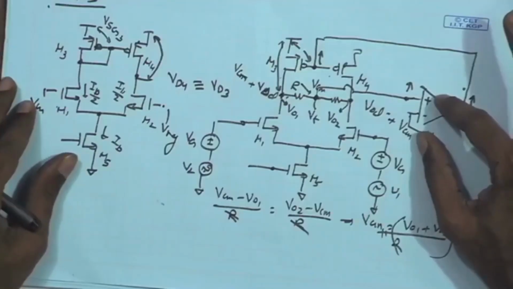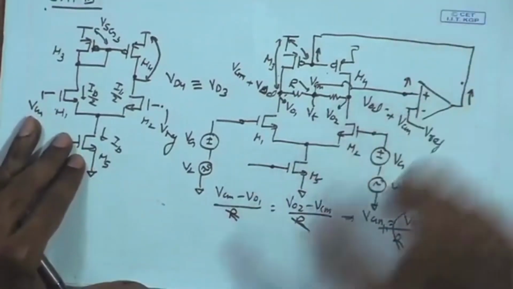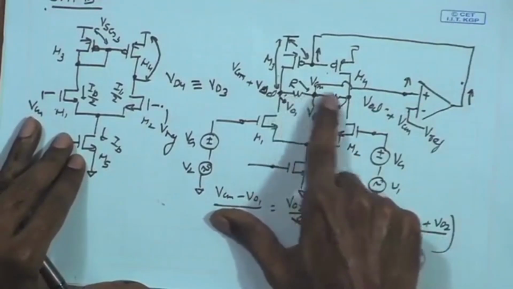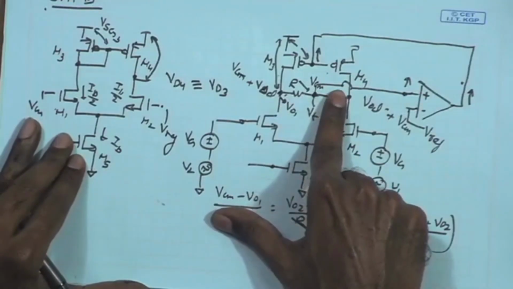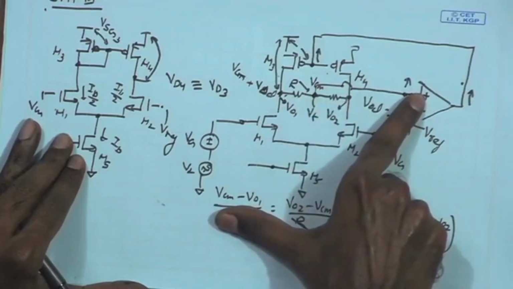So, let us just have a brief overview of what we are going to do. We are going to have our error amplifier itself being capable of extracting the common mode signal. Here we are relying on these R values to extract the common mode signal, and then it is fed to a simpler error amplifier.